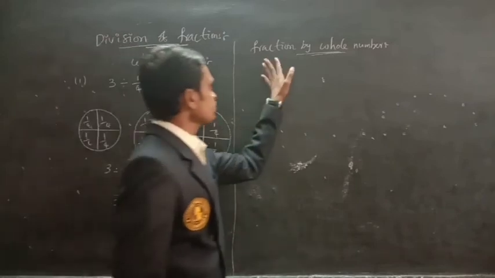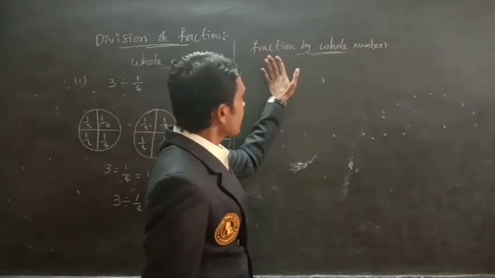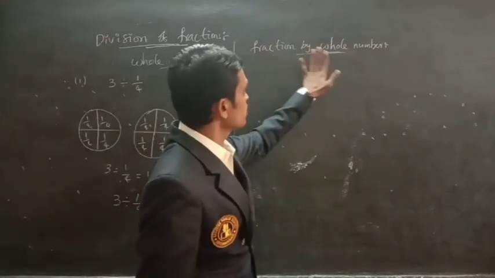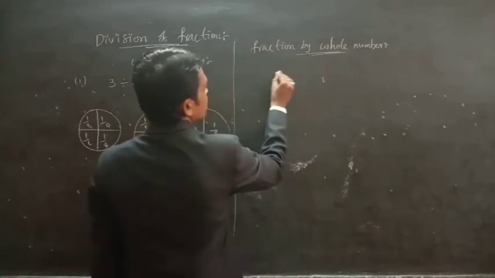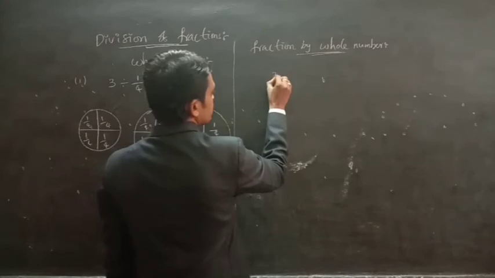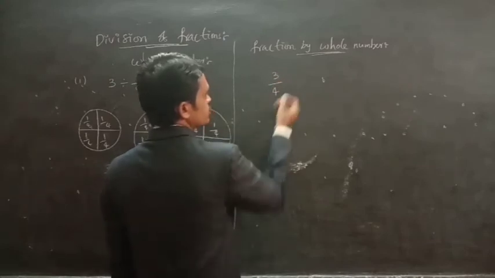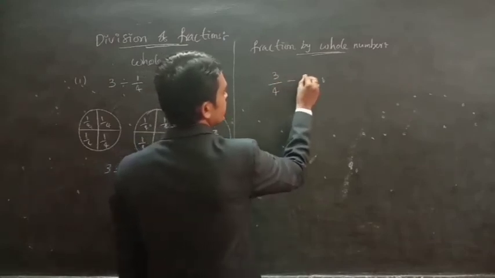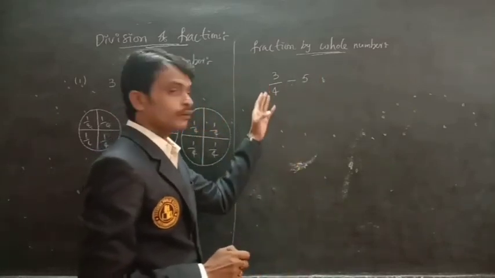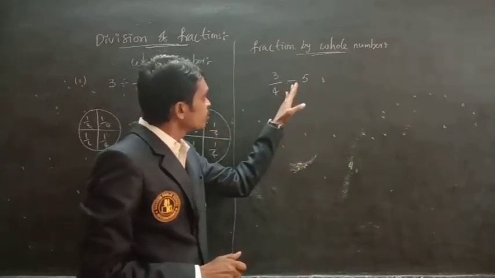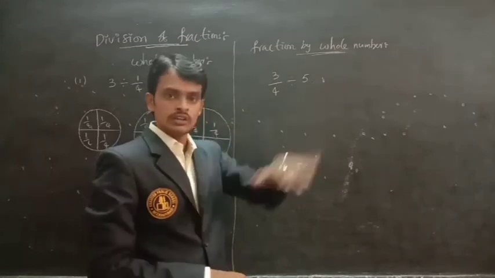Next, we are dividing a fraction by a whole number. I am taking the fraction 3 by 4 divided by 5. So this fraction is divided by a whole number.